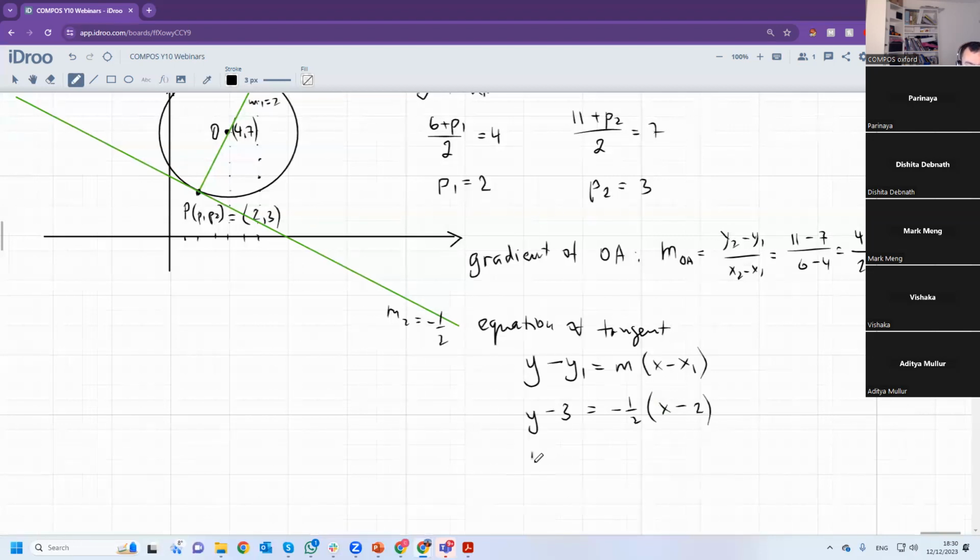And then we just simplify it. y equals minus 1/2 x plus 1 plus 3, so y equals minus 1/2 x plus 4.